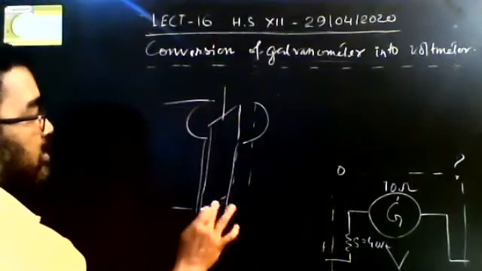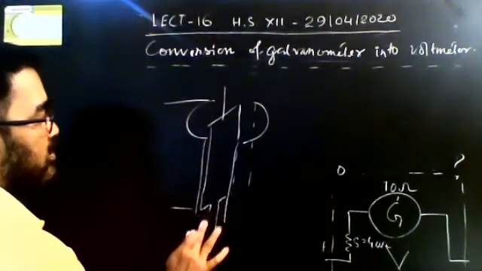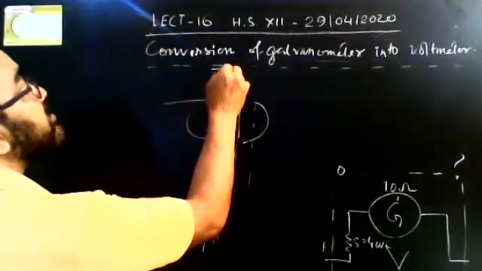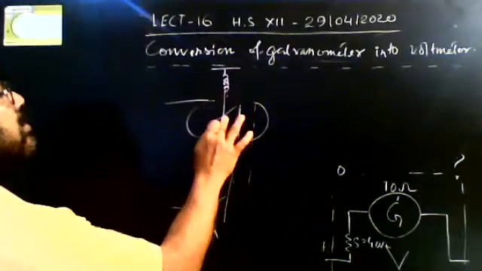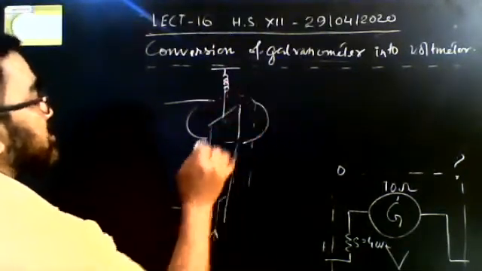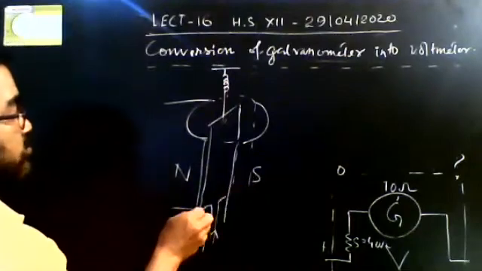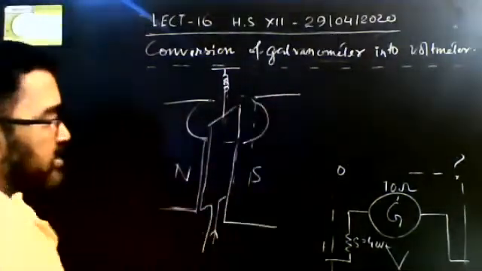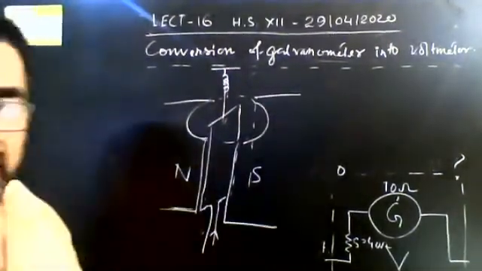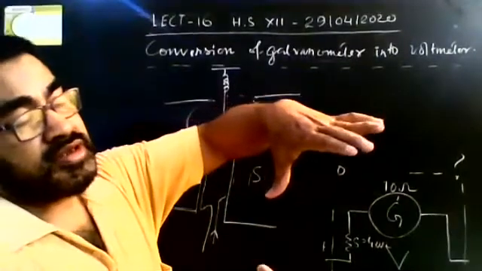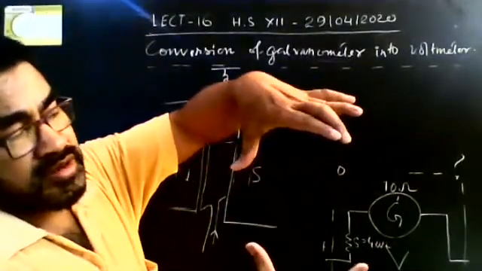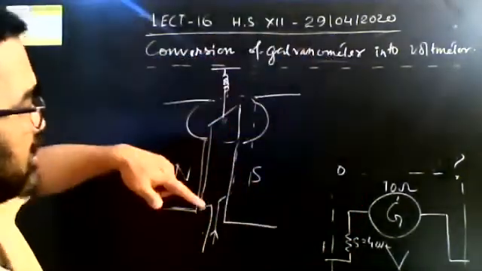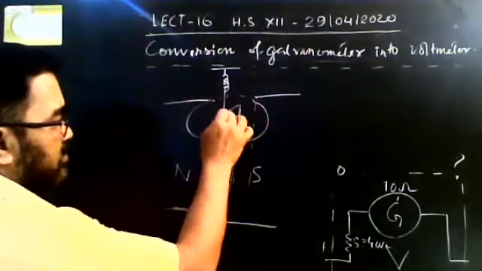When current flows through the coil, as we have discussed, the coil is fixed to a spring, and the north pole and south pole are cylindrical and produce a radial magnetic field. Radial means that if you observe from the top, it will be circular. This is the rectangular loop.